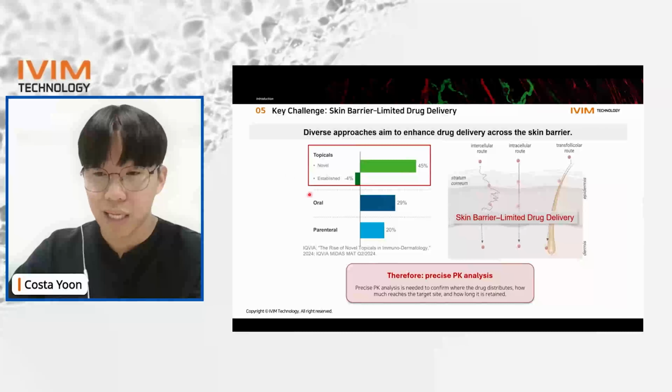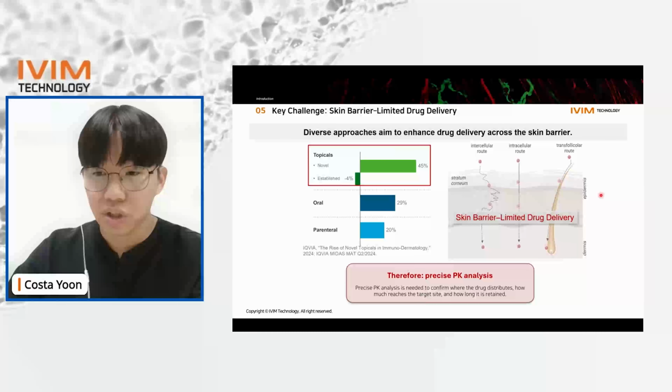Despite the rapid progress in immunodermatology, there are still several challenges in developing effective therapies. The first challenge is the skin barrier. Topical treatments are widely used because they can be applied directly to the affected area and reduce systemic side effects.